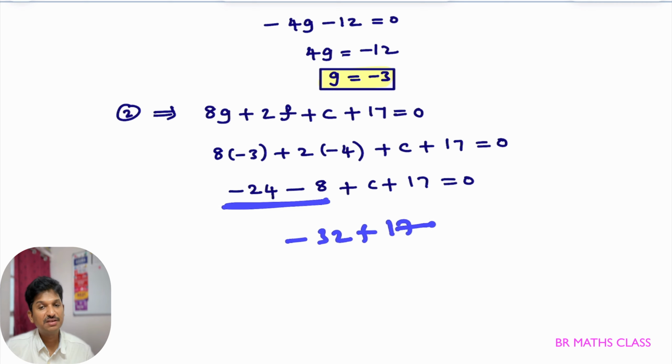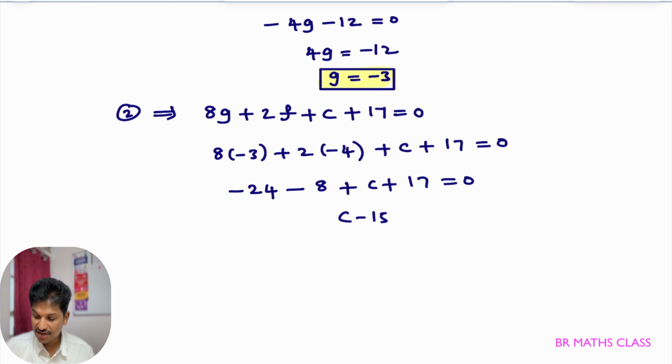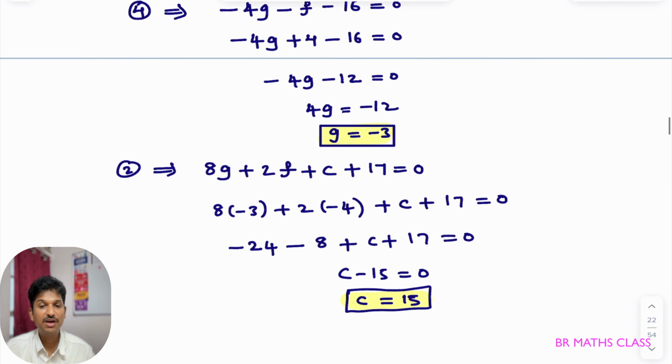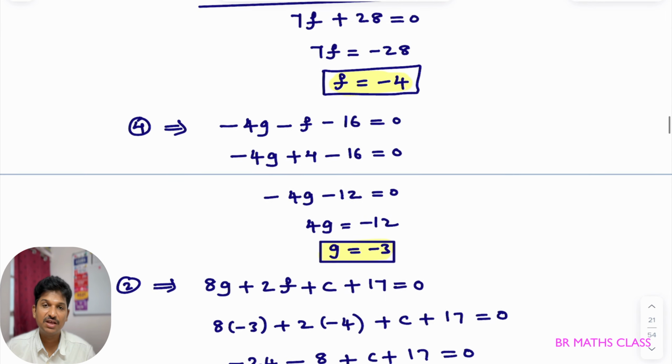Minus 32 plus 17 is minus 15, right? So you will get C minus 15 equal to 0. From this, what is C? C is 15. So you want to find G value, F value, C value. You got all these three values. F value is minus 4, G value is minus 3, C value is 15.